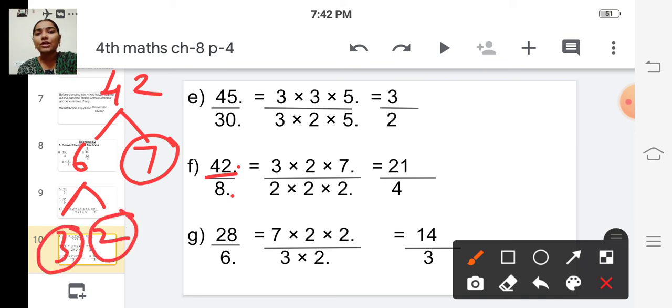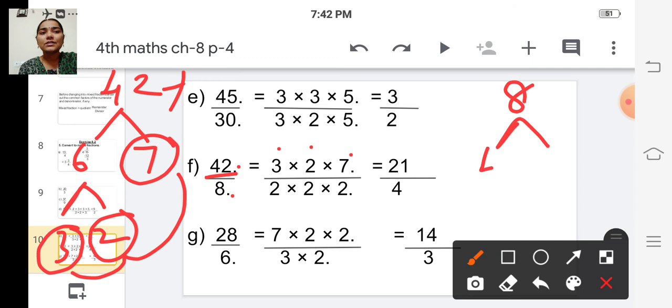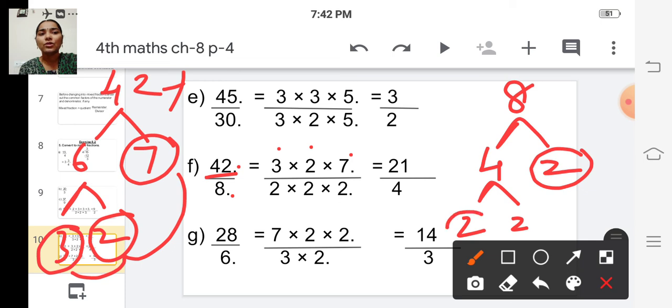So 42 can be written as 3 into 2 into 7. And now we'll factorize 8. 4 2s are 8. 2 is the prime factor, and this 4 can be written as 2 2s are 4. So 8 can be written as 2 into 2 into 2.